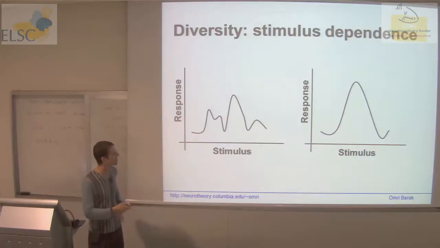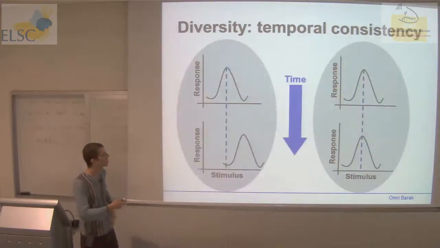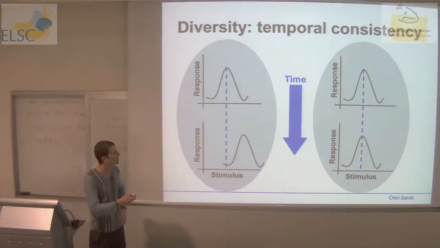For instance, the response can be a very nice function of the stimulus, or it can be something that can be roughly termed disordered. Or the response can be preferential to the same stimulus throughout the duration of the trial, whereas another neuron can prefer one stimulus during a certain epoch of the trial and prefer a different stimulus in a different epoch of the trial.